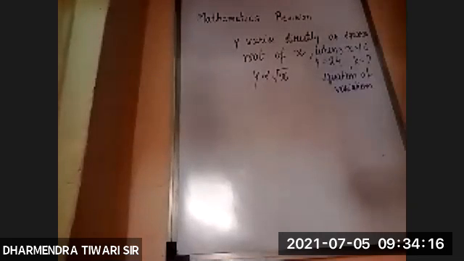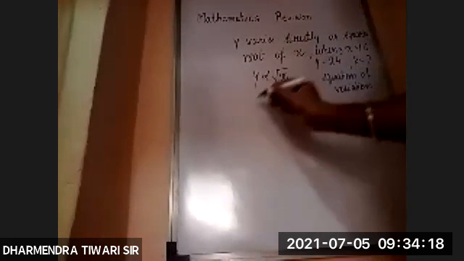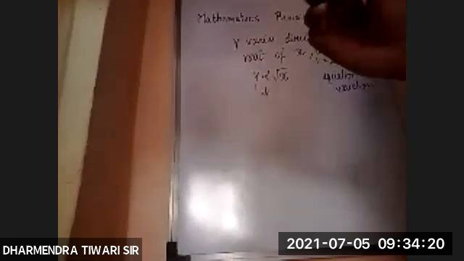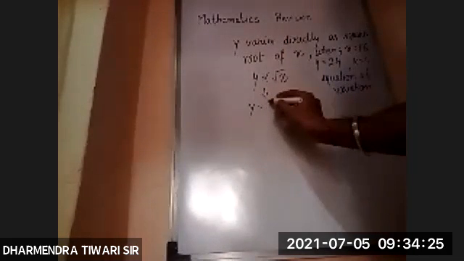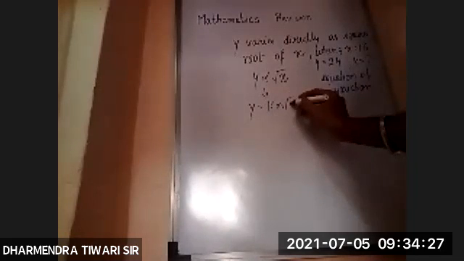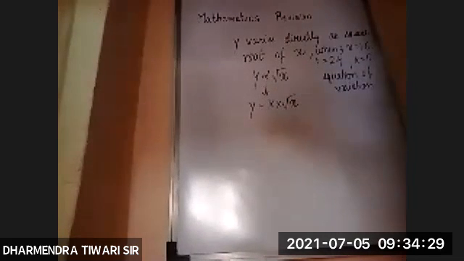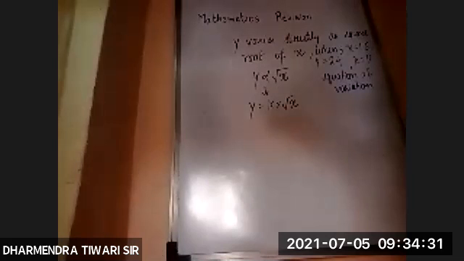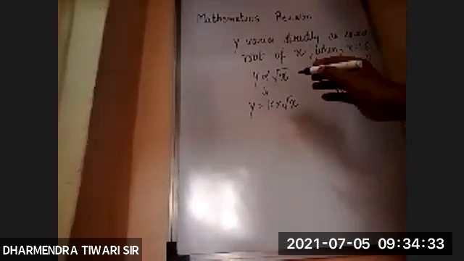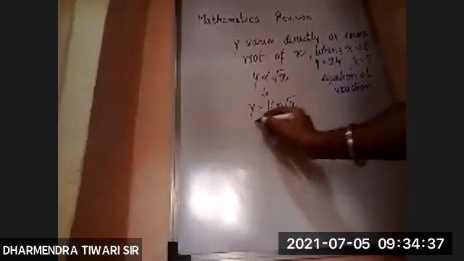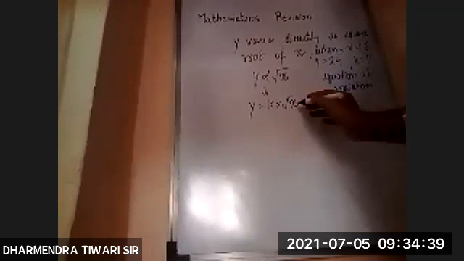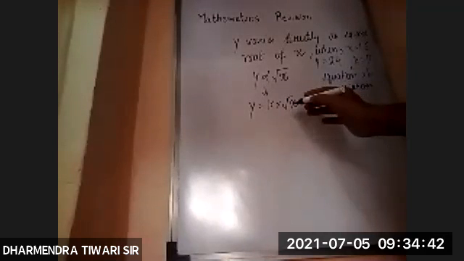As we have done earlier, we know that its equation form is given by y equals k into root x. This is called the equation form in which k is a constant of variation.